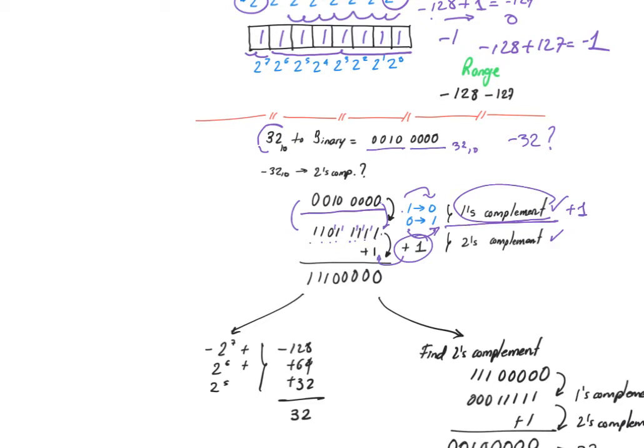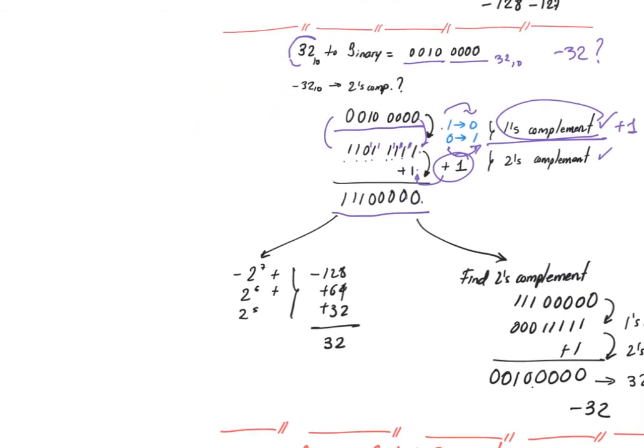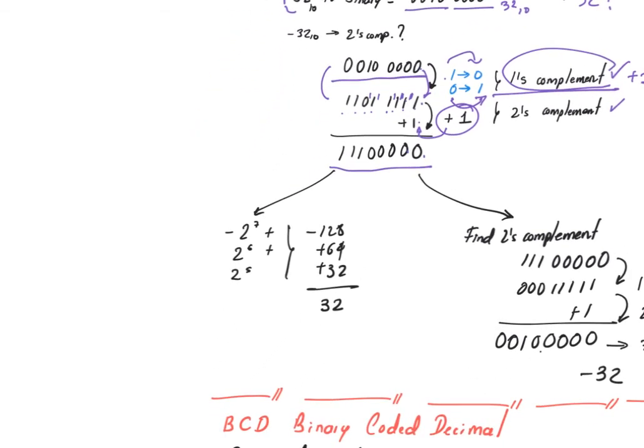So 1 plus 1 is 0 and 1 carry. 1 plus 1 is 0 and 1 carry, and so on and so forth. So I get this number here. Now, how do I know that this is minus 32? There are two ways.